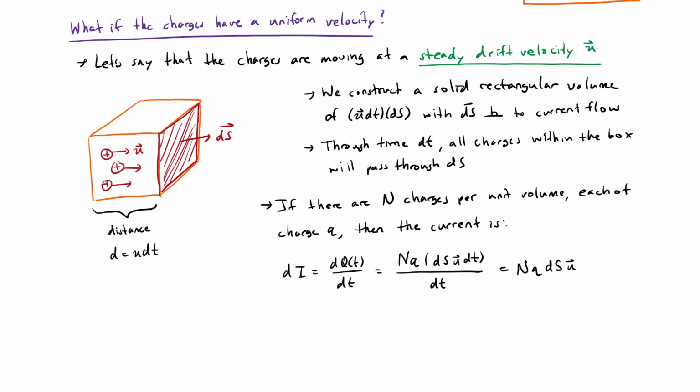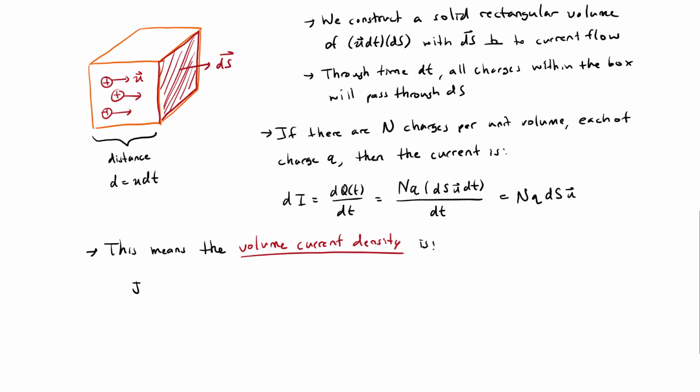So then this means the volume current density is going to be J equals, we have di over ds, as we discussed before. That's going to be basically nq ds u divided by ds, so we can take away the ds and get nqu.